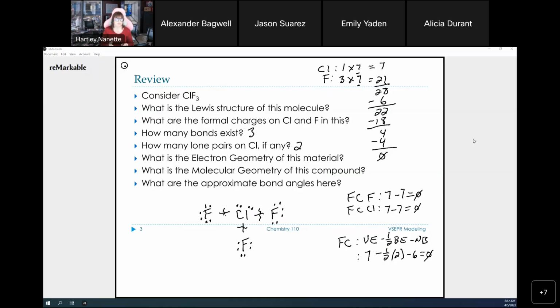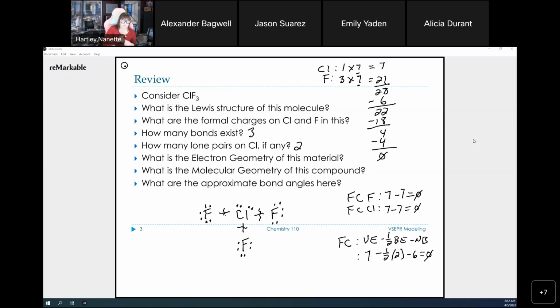We have to have a Lewis structure and know those formal charges before we can move forward. So that's why this is done this way. Now, electron geometry, molecular geometry, and the bond angles is what we're going to be talking about today. I'll come back to this slide after I've introduced a few things to show you what that looks like. Questions, comments, problems at this point?